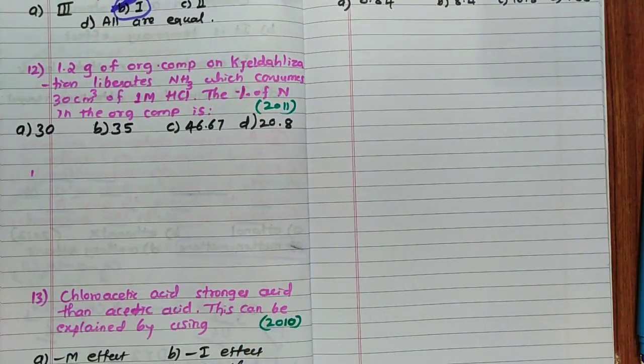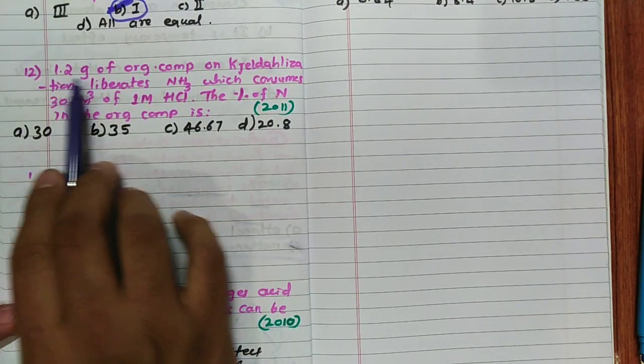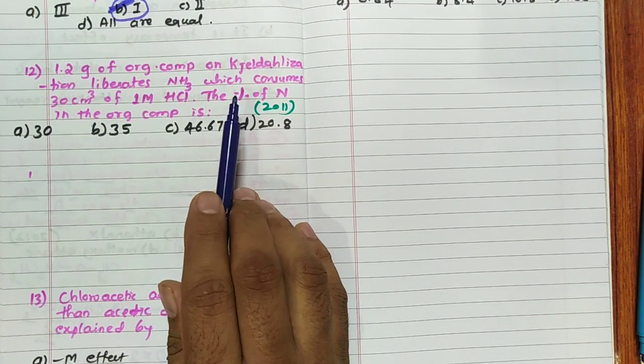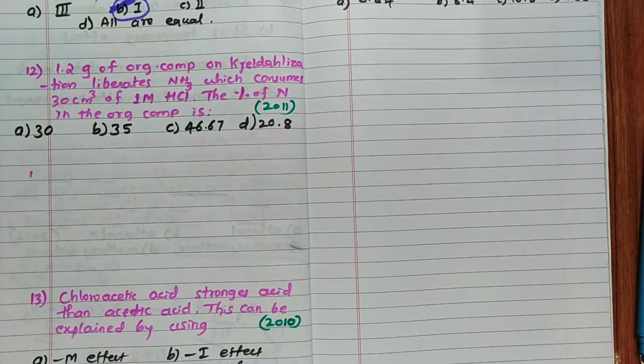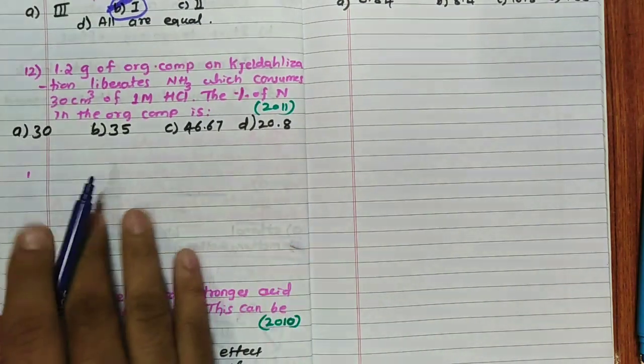Then, Kjeldahl's method, 2011 it was asked, remember. 1.2 gram of organic compound on nitrogen estimation liberates NH3, which consumes 30 cm3 of 1 M HCl. The percentage of nitrogen in the organic compound is very simple. Directly you write the formula.